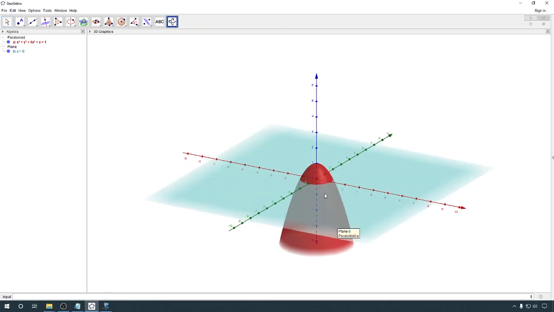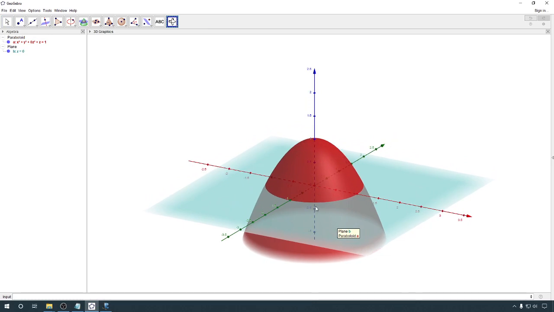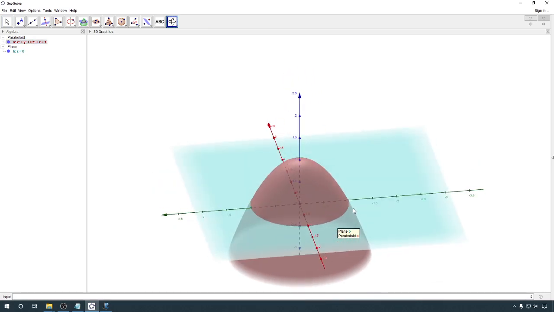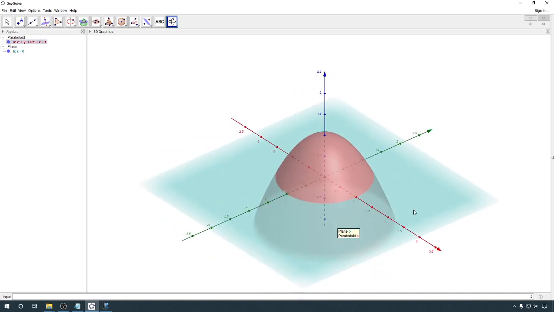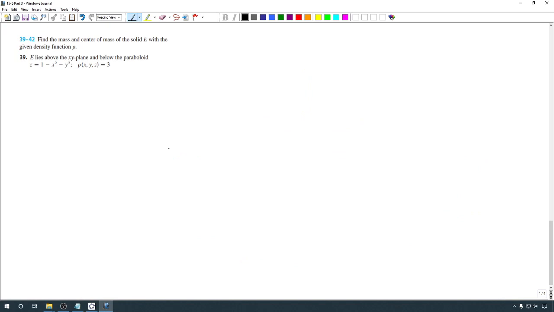We're only looking at the part above that plane, so we have this solid up here. We want to know the center of mass of that solid. You might be able to make a few guesses about where that belongs, but we're going to find it using the integrals to make sure it agrees with what we might guess.